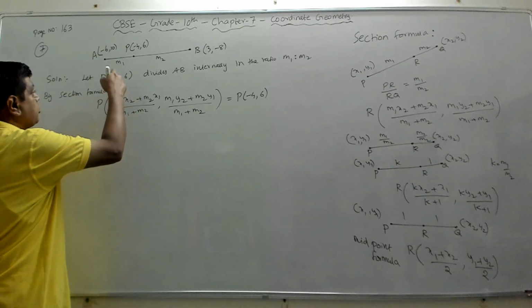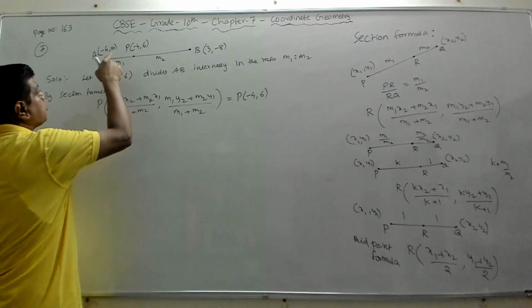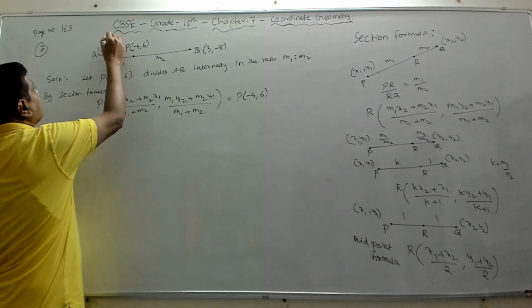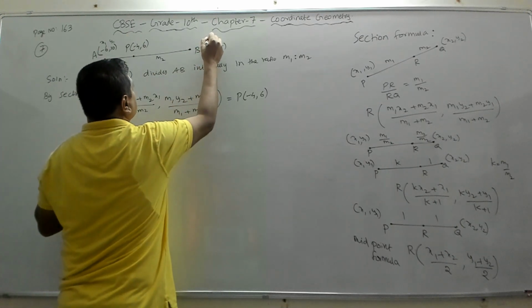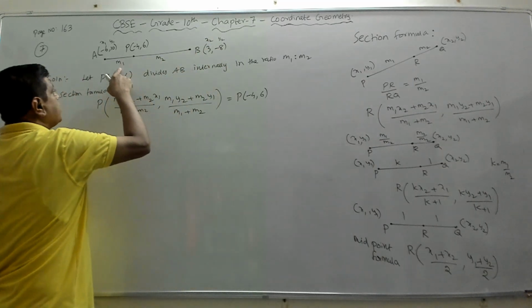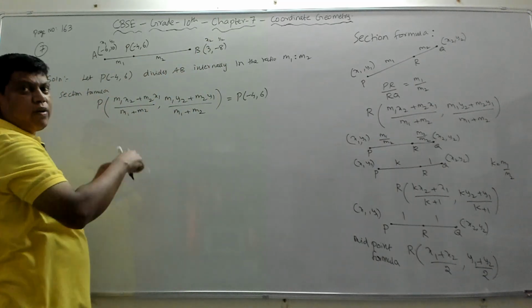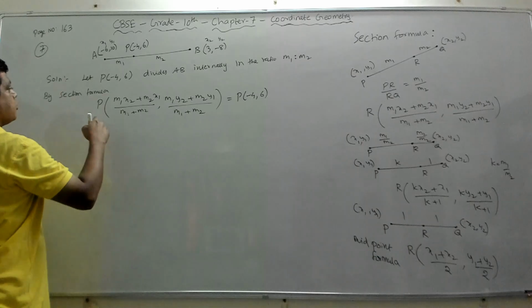So now let's substitute the values. Except m1 and m2, let's substitute. So this is your x1, y1. This is x2, y2. And our m1 is m1, m2 is m2. There is no value given for m1 and m2. So now we will substitute this.